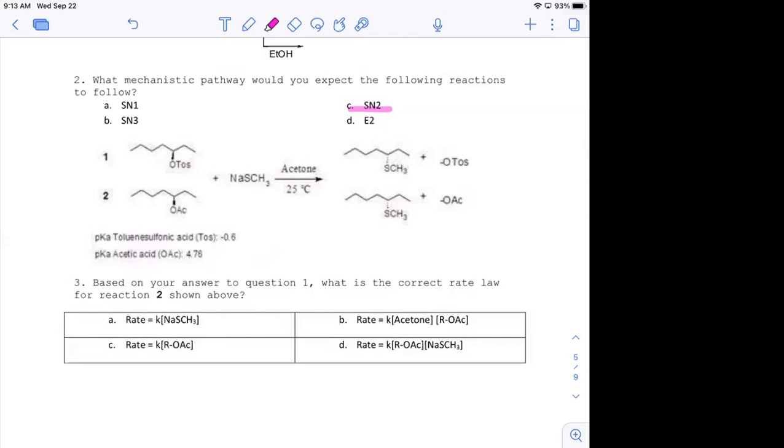So we looked at the next question based on your answer to question 1. What is the correct rate law for the reaction shown above? What would you choose? If you know the mechanism is SN2, what does the 2 stand for in that description? Bimolecular.